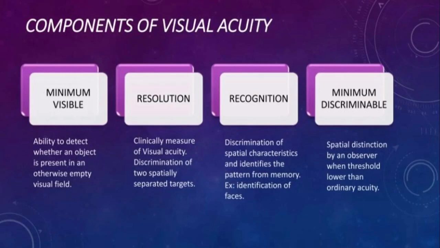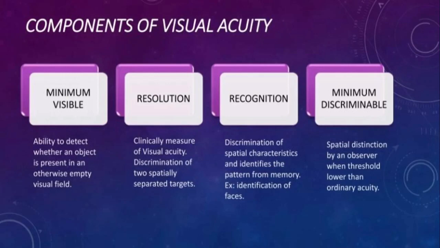Number 3, minimum discrimination ability, the ability to distinguish between two visual stimuli that are very similar, such as telling the difference between two letters that look almost the same.